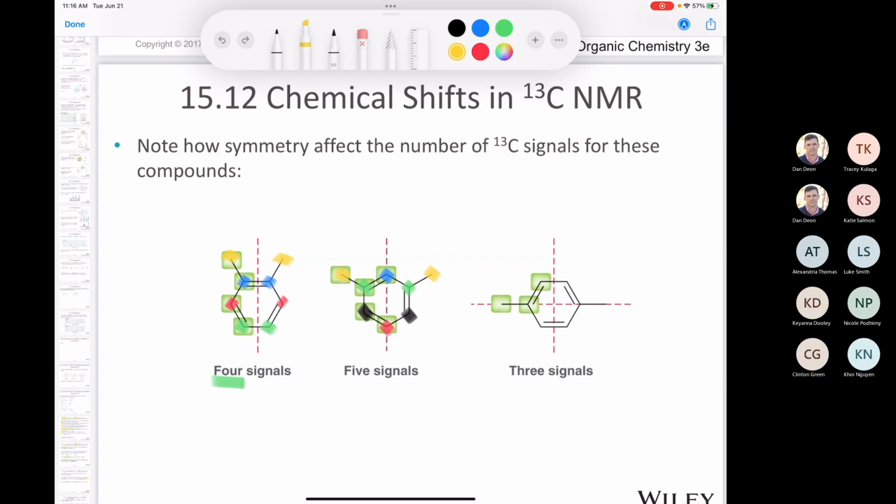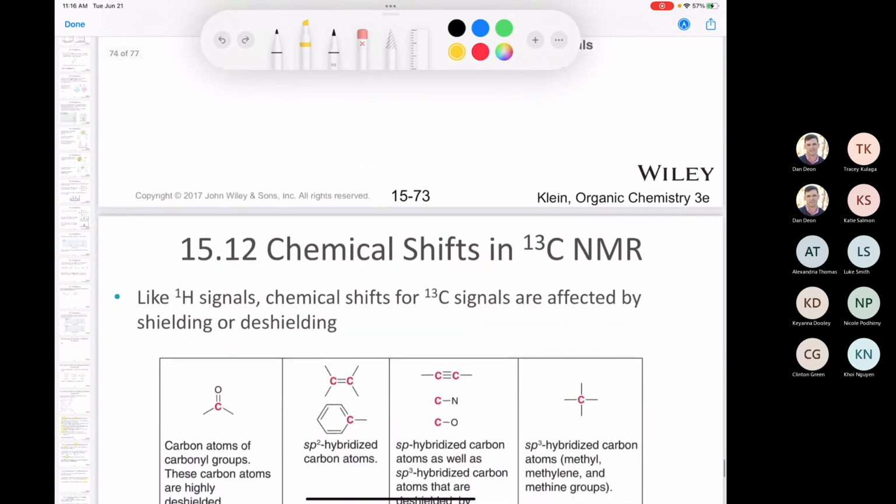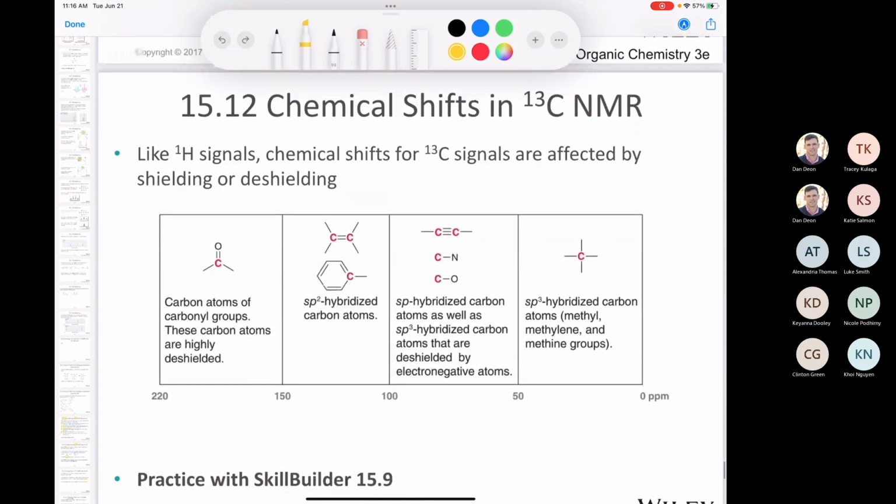So carbon-13, very important. Now, if you're wondering about the chemical shifts of the different types of carbons, this is a summary of some of the chemical shifts provided in our textbook. This isn't an exhaustive list, but it's essentially a slightly expanded version of the table that I will give you for your quiz.